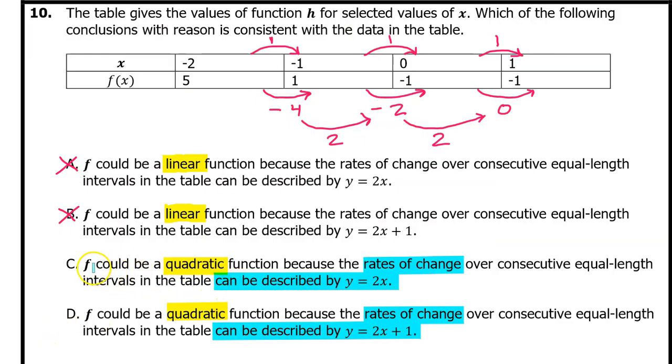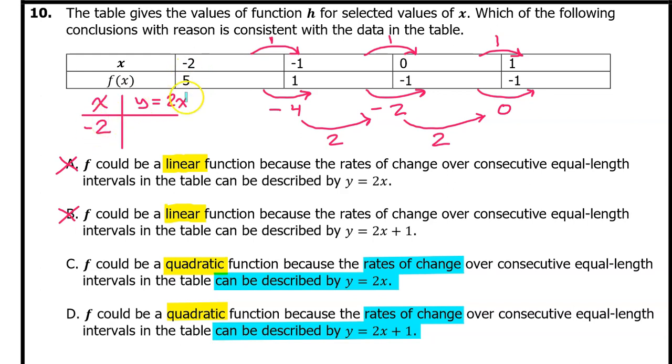In order to choose between C and D, we have to decide if the rates of change can be modeled by the linear function y equals 2x, or if the rate of change can be described by the linear model 2x plus 1. Let's check the first model, y equals 2x. The first x value is -2.